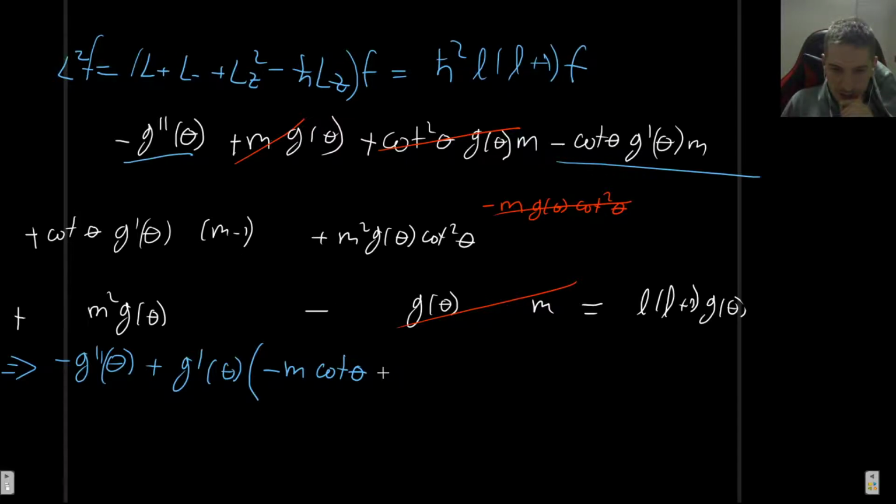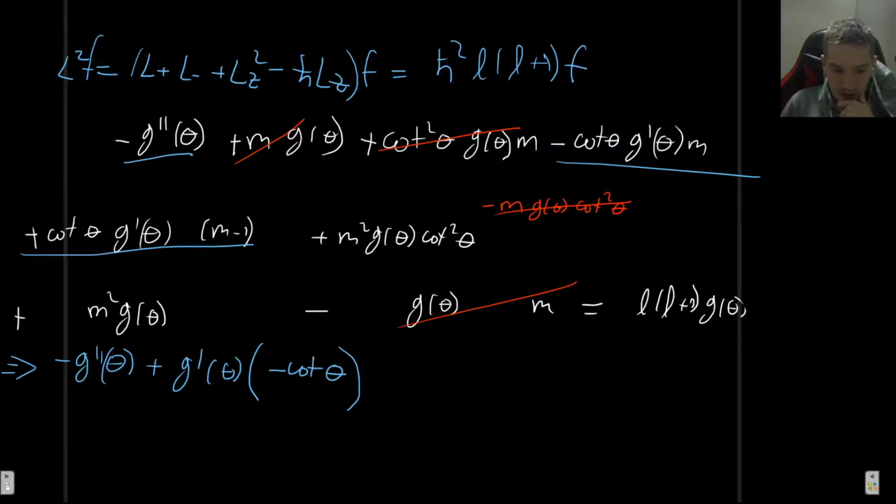So let's write it as plus m cotangent of theta, and then we have minus cotangent of theta. So these parts here will cancel out as well. So let me actually just erase them. And I think that's everything that involves the derivative.